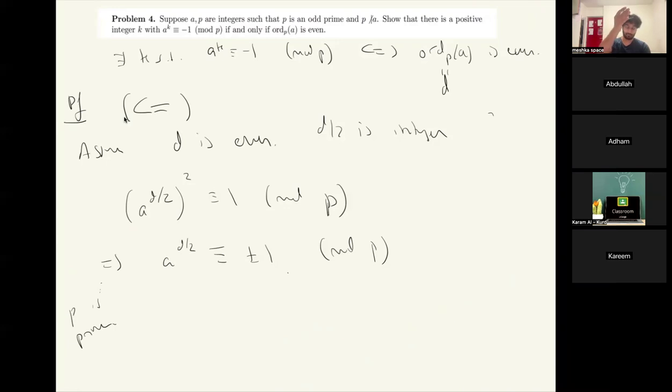And now, Abdullah, you were saying that now I use the minimality. By the minimality of D, and because D over 2 is an integer, a to the D over 2 is not congruent to 1 mod p, and so therefore a to the D over 2 is congruent to -1 mod p.